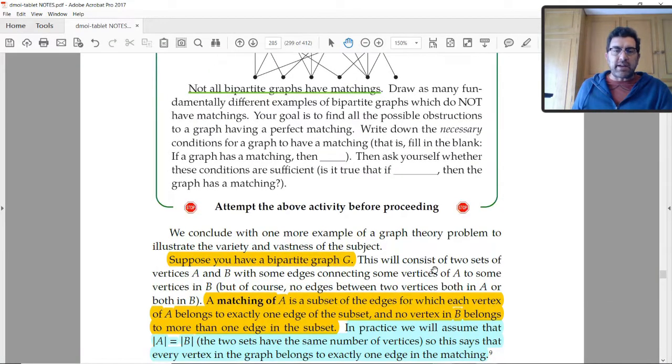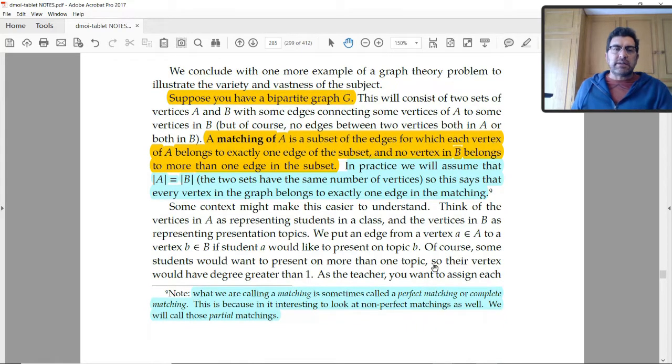So let's go back and let's carry on reading. Okay, it says, suppose we have a bipartite graph G. A matching of set A is a subset of the edges for which each vertex of A belongs to exactly one edge in a subset, and no vertex in B belongs to more than one edge in the subset.